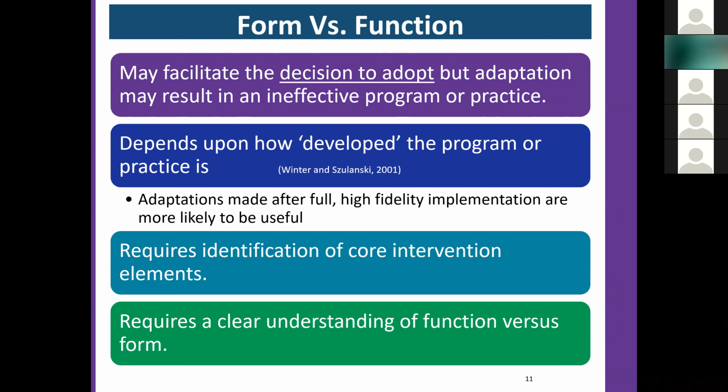Now, the purveyors of implementation science that really work in depth with programs will tell you you should never adapt anything at the beginning. That you should always implement in full as it was intended and see what works and what doesn't work, and then make adaptations.